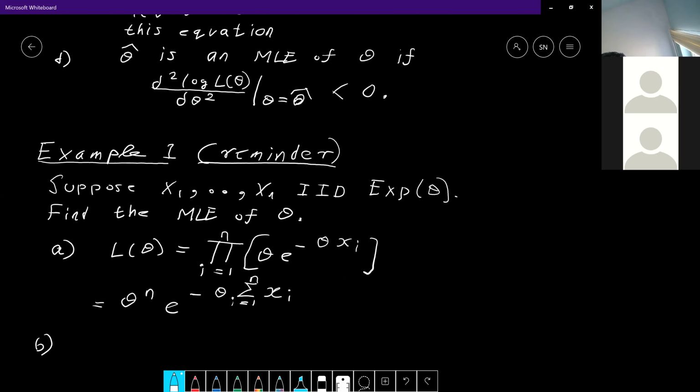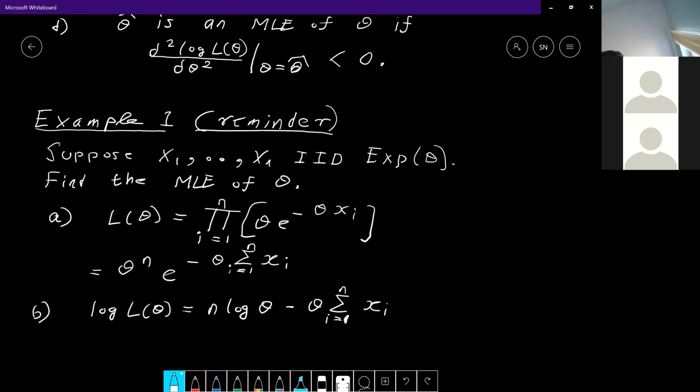And the second step is to take the log of the likelihood, which is n log theta minus theta times the sum of x_i. So that's the log likelihood. And the third step, step C, is to take the derivative, which is n over theta minus the sum of x_i.